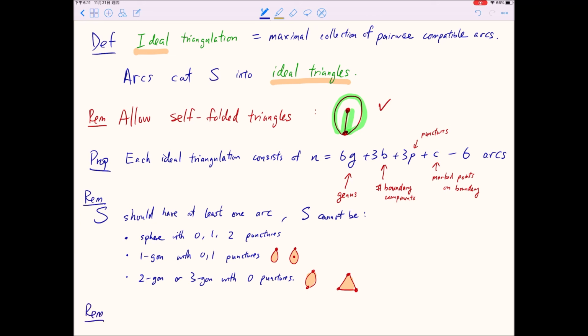In the special case, we will also ignore it because they are just too special. So in the special case of n equals 3, so that your surface has a single triangle in the interior, then either the surface has genus 0 and 3 mark points, so it is the sphere with 3 mark points, or a torus with 1 mark point.